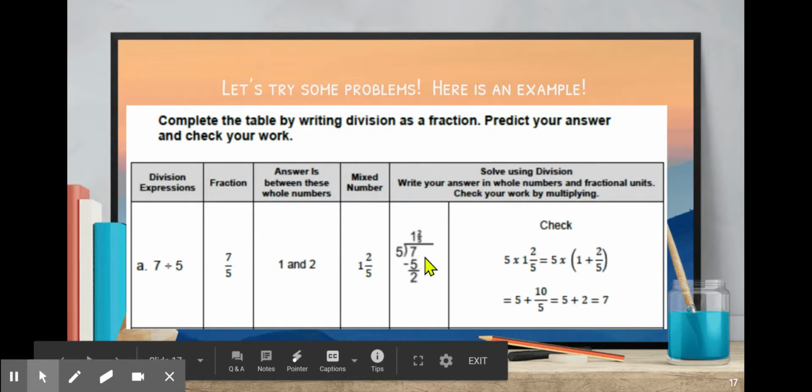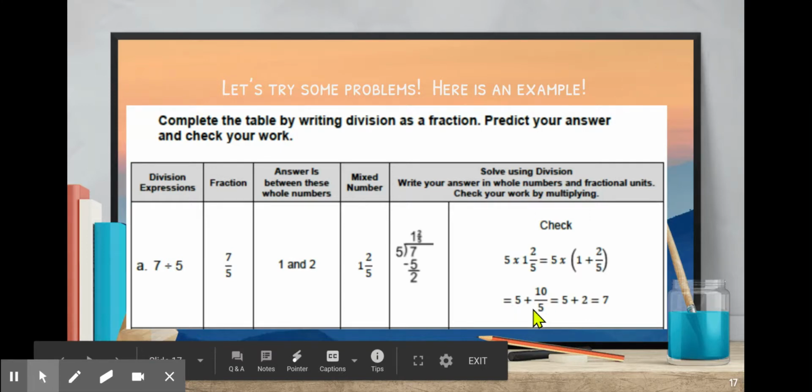I actually like to do the third and the fourth column after I've done the division. So I'm coming over here and I'm going to divide 7 by 5, and I'll find I get the mixed number 1 and 2/5, and that is between the whole numbers 1 and 2. I know I can check my quotient here by multiplying it by the divisor. 5 times 1 and 2/5 would equal 5 times 1 plus 5 times 2/5.